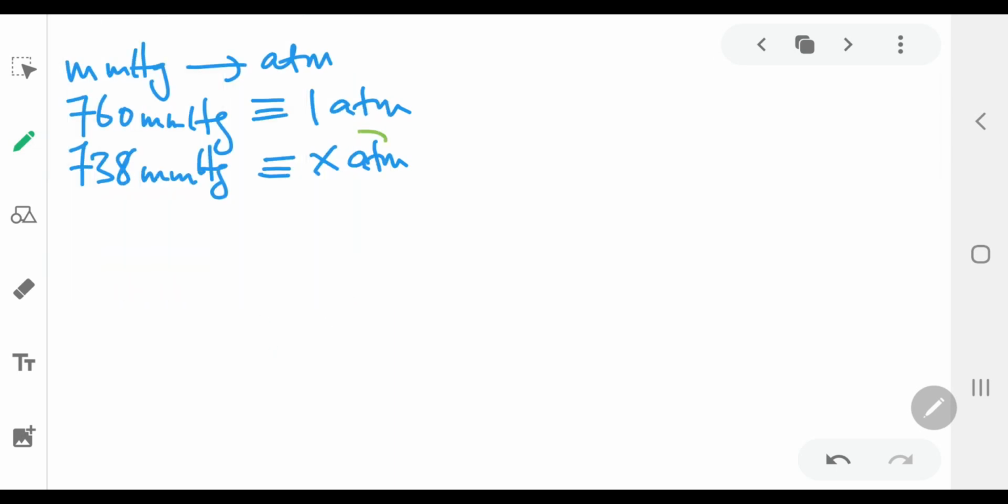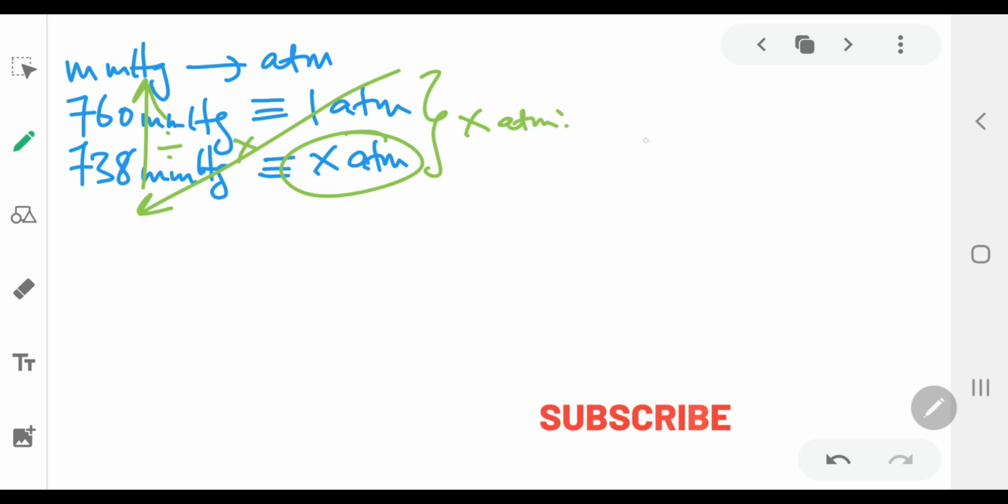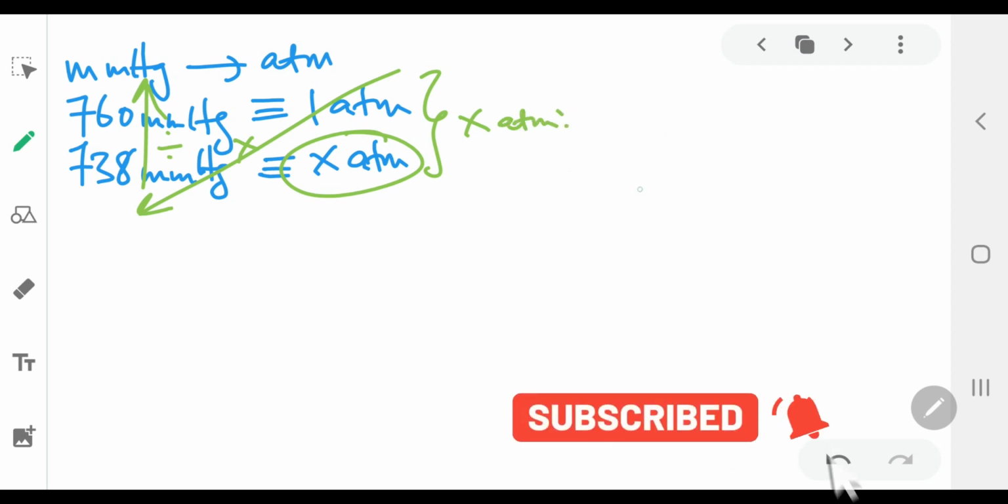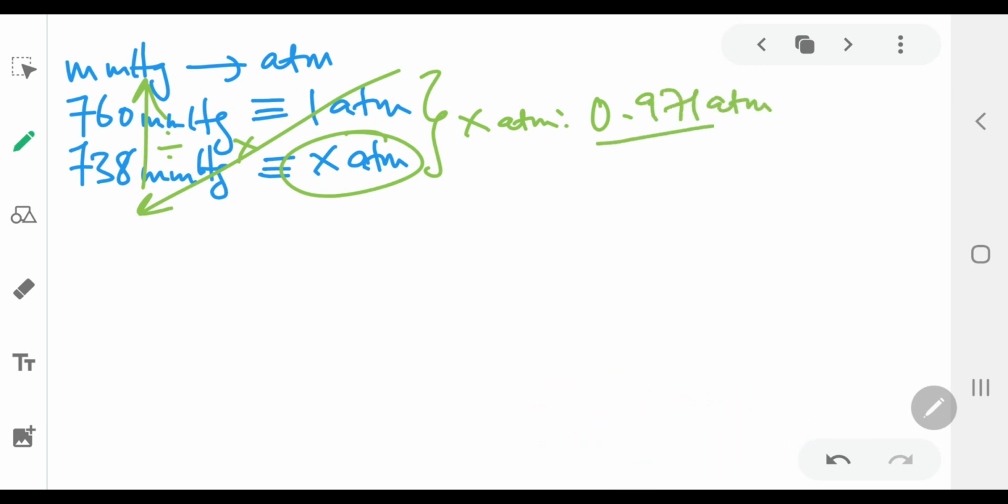Okay, so we have done this before. You go here, you times, and then you go up, you're going to divide, and the value is going to be about 0.971 ATM. So this one is for the partial pressure of your oxygen.